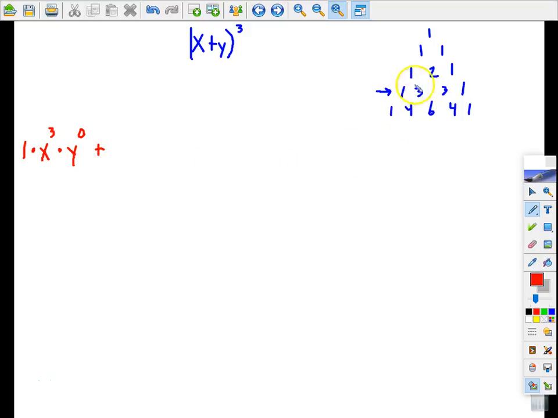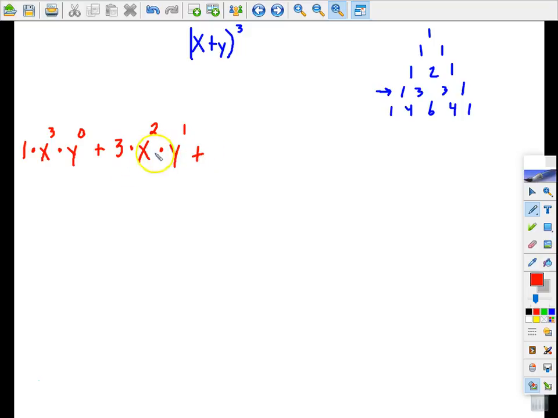The next number of the triangle is 3 times, now the first variable x is going to go down by 1, and the second variable y is going to go up by 1. So the first variable or number goes down, the second variable or number goes up.